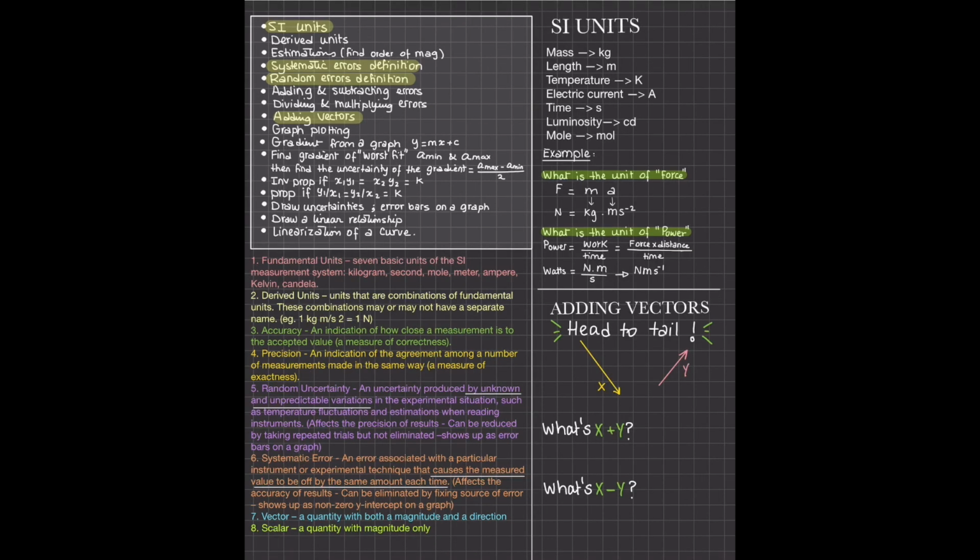Now for adding vectors or subtracting them, the rule is always head to tail. So if you are given this vector x and this vector y, and you're asked to find x plus y, it's as if you're dragging this vector and this vector and placing the head of the first vector on the tail of the second vector, so head to tail.